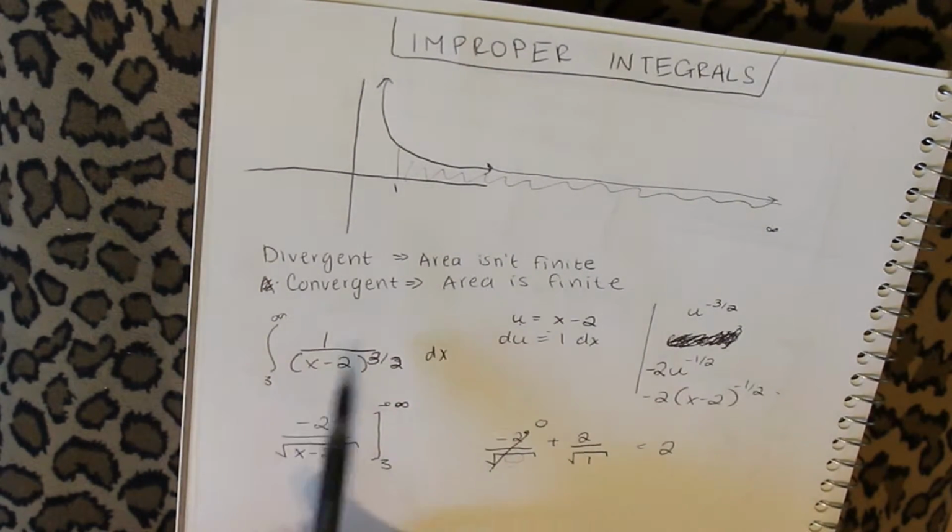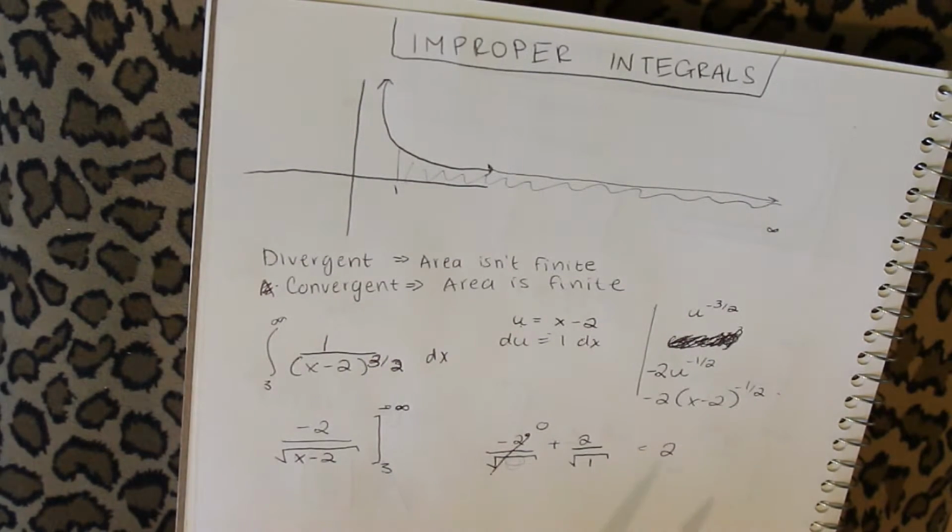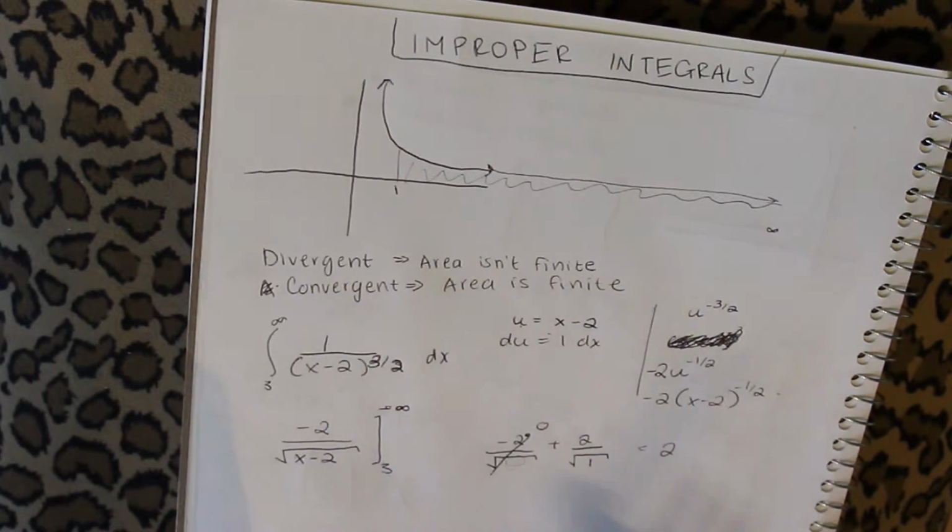So it turns out that the area of this function from 3 to infinity actually does converge to just the number 2. That's all we did. We took the area just like any normal integral, and we found out that in this case it does equal 2. It's convergent, at least from 3 to infinity.